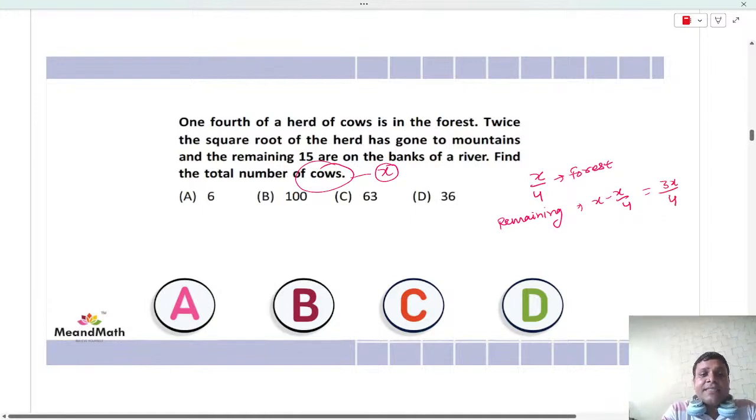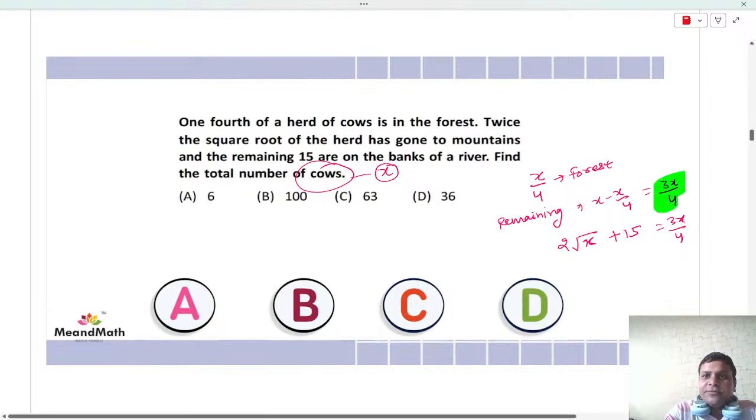Now twice the square root of the herd has gone to the mountains. The number of cows is x, so twice root x go to the mountains and the remaining 15 are on the banks of a river. So these are 3x upon 4. Why 3x upon 4? Because the remaining are 3 by 4.